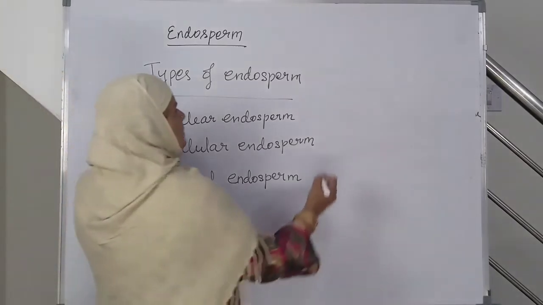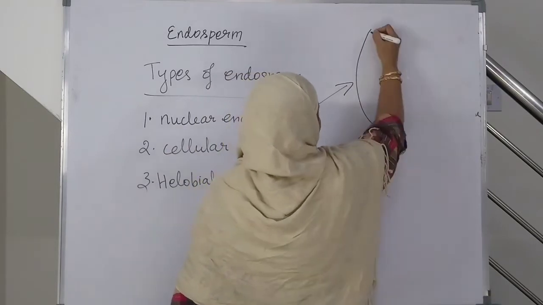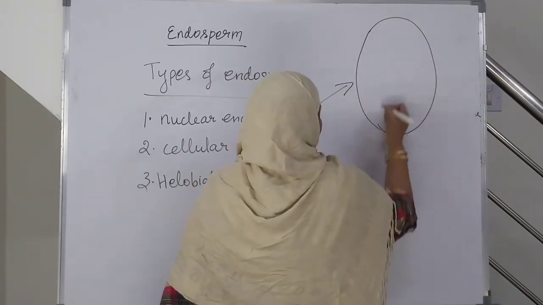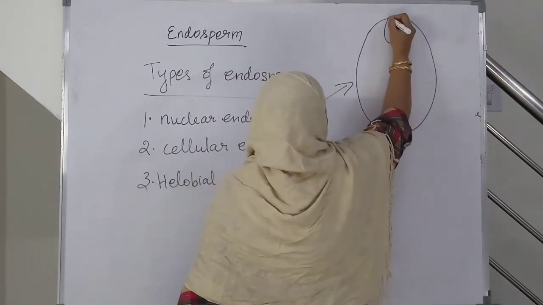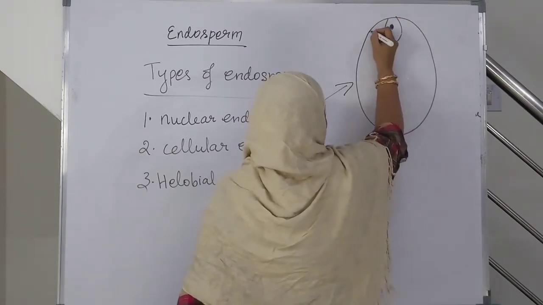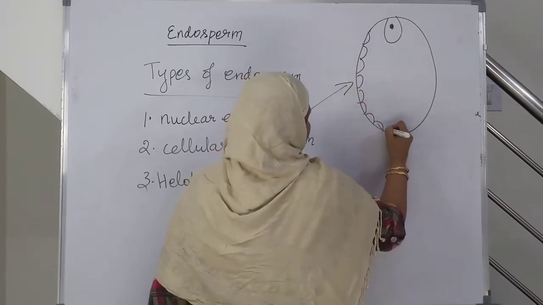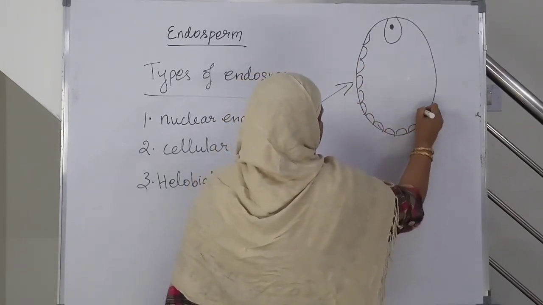First, we are going to see the nuclear endosperm. In the nuclear endosperm, this is the developing embryo here, and the whole structure is embryo sac.